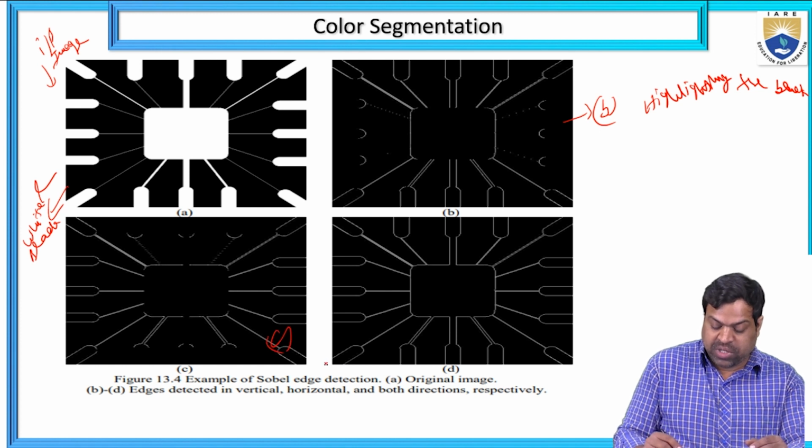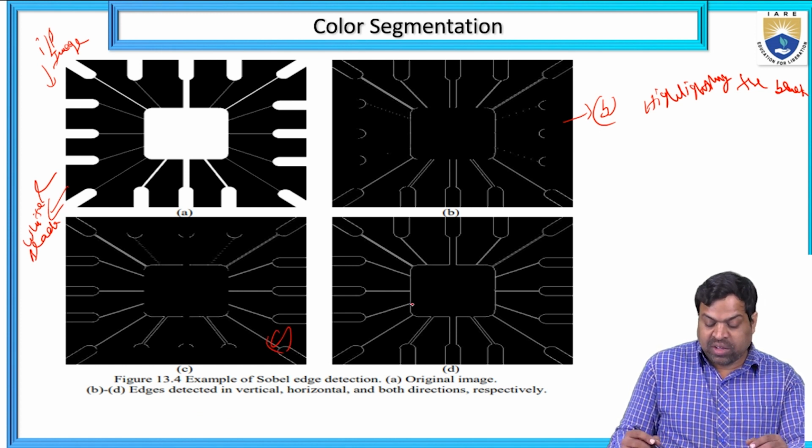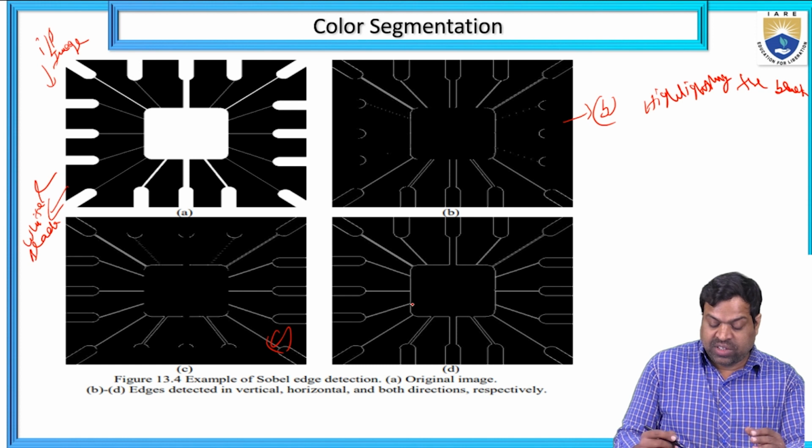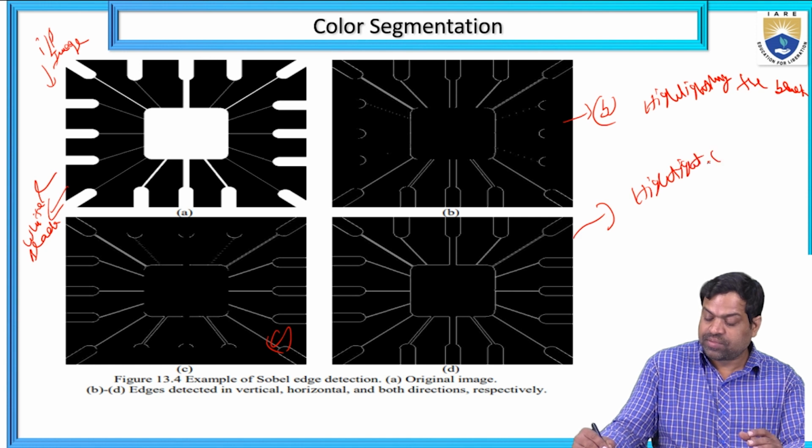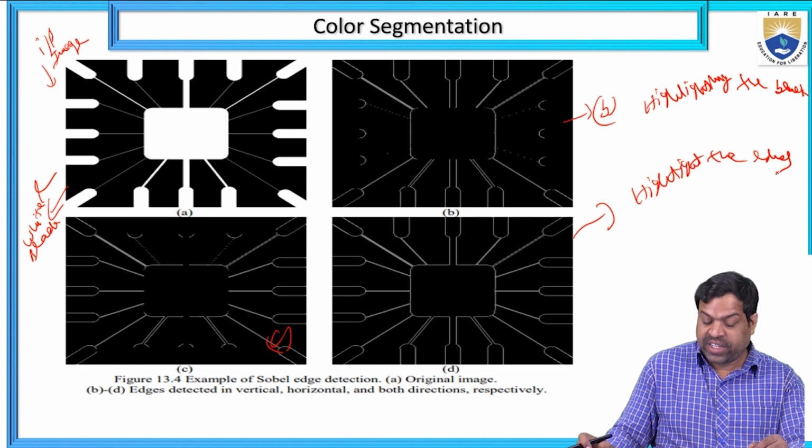When I go to image C, what is happening? Only the lines are highlighted, so we are highlighting only the lines.